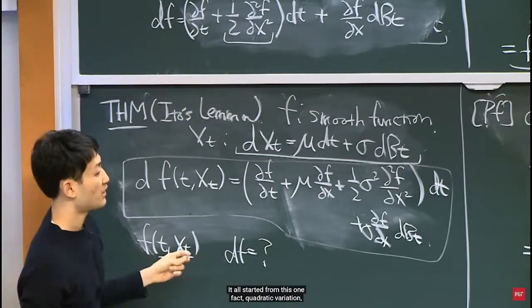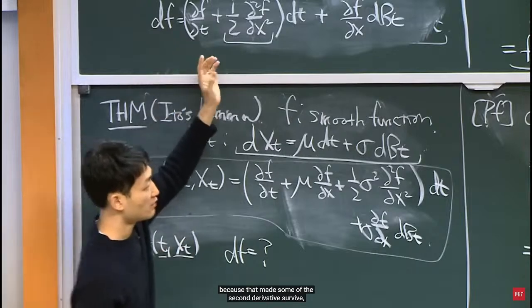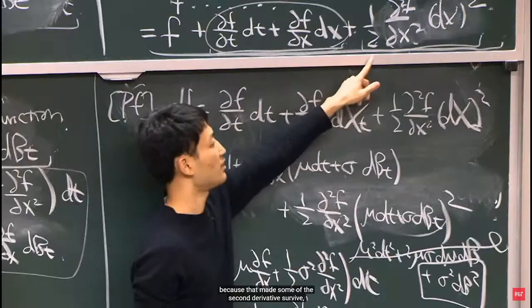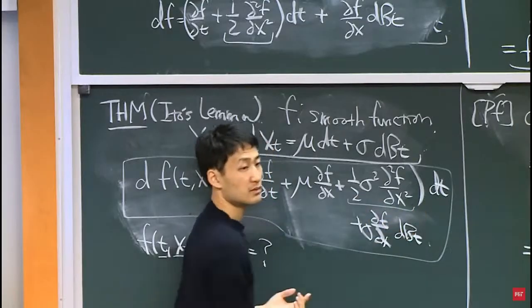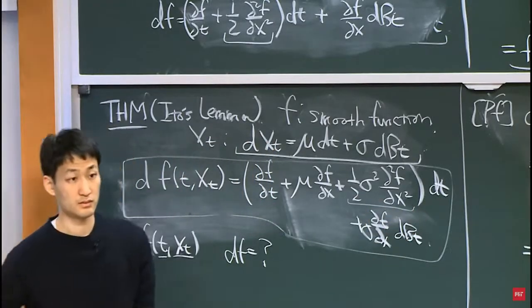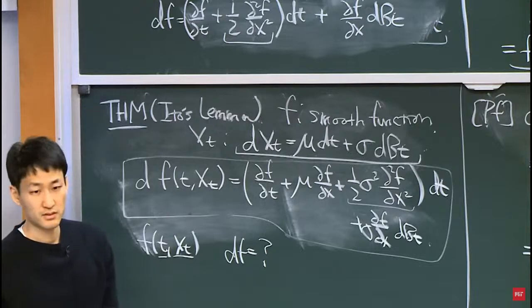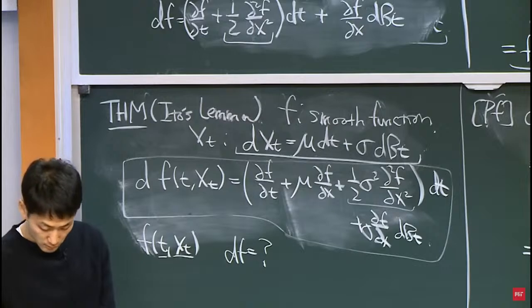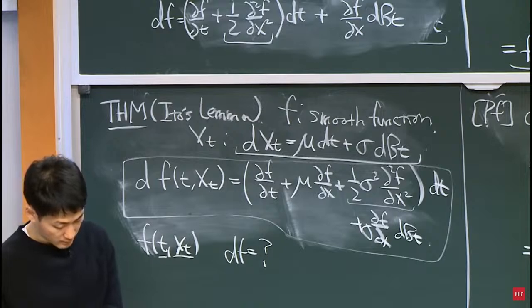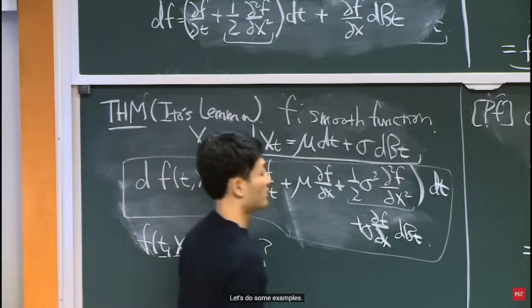Because that made some of the second derivatives survive, and because of those, we get these kind of complicated terms. Questions? Okay. Great. Let's see some examples.